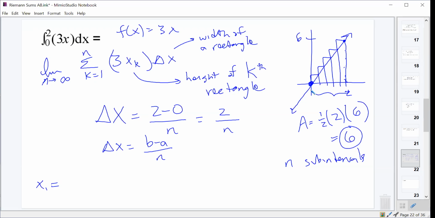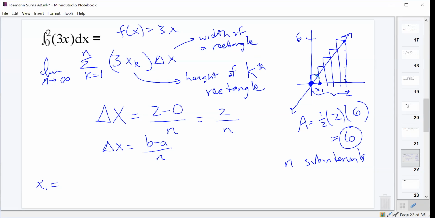How far over do we go from the origin to go up and find our height of the rectangle? One third. Say that again? Would it be like 2 over 6? No, but we're talking about how far in the x direction do we go over to get to that first x value that we go up to find the height of that first rectangle.